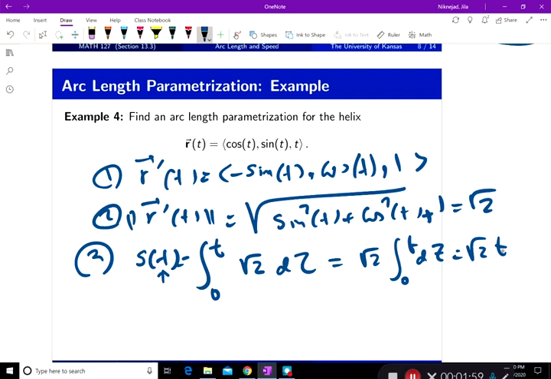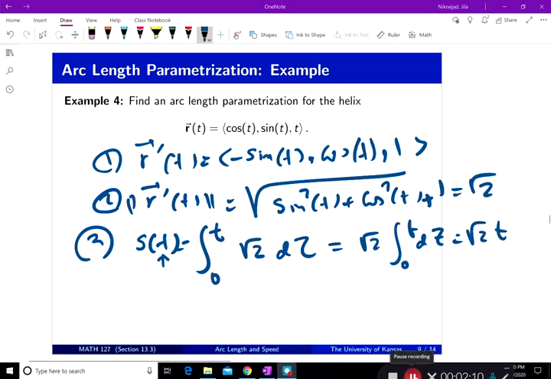Now, use this to find the parametrization. So now this is step 4. s of t is equal to square root of 2 times t.